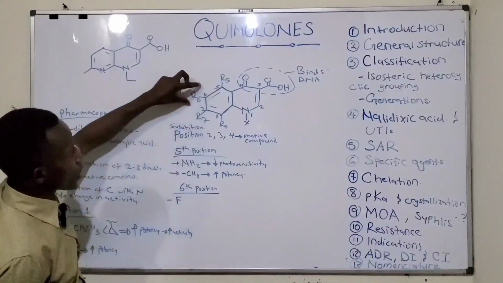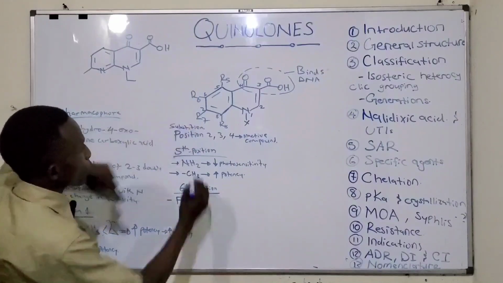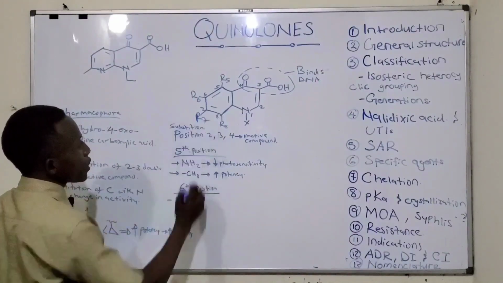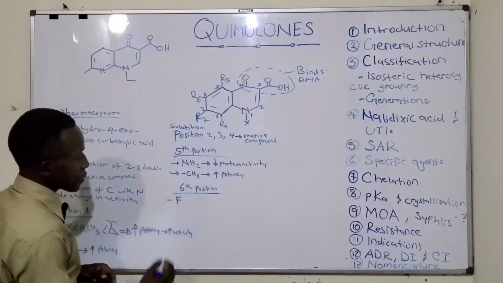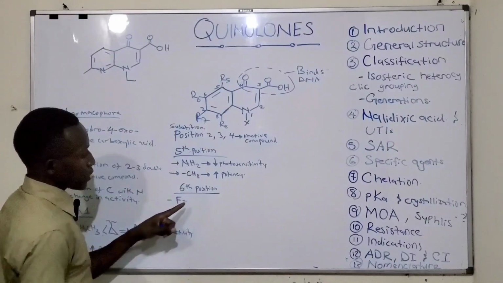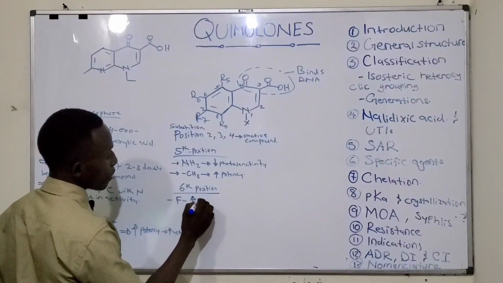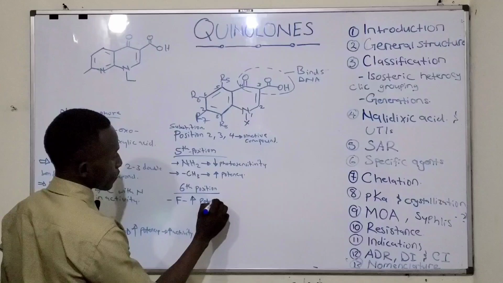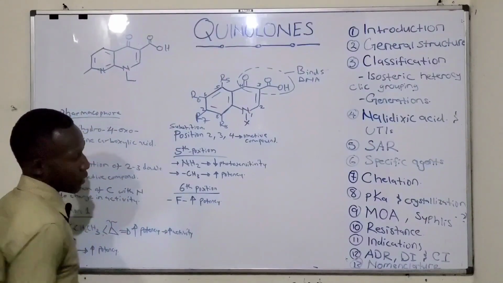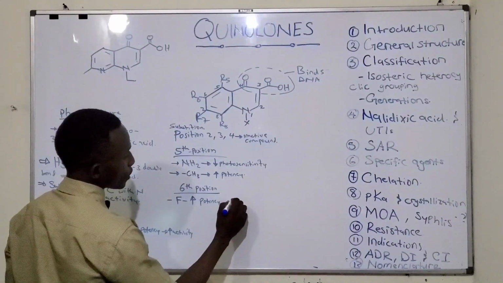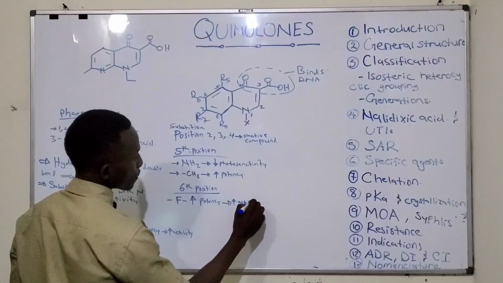So substitution at the 6th position and the 7th position leads to the introduction of the fluoroquinolones. So the fluorine improves the potency, hence improves the activity.